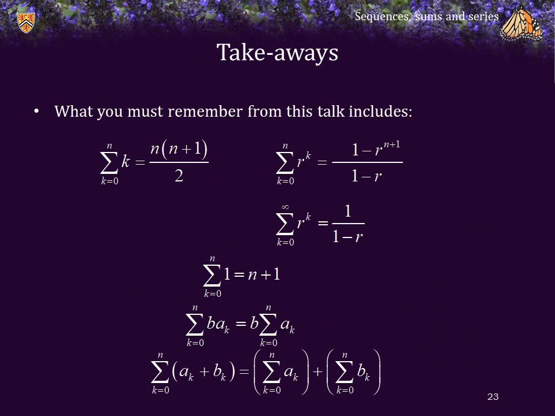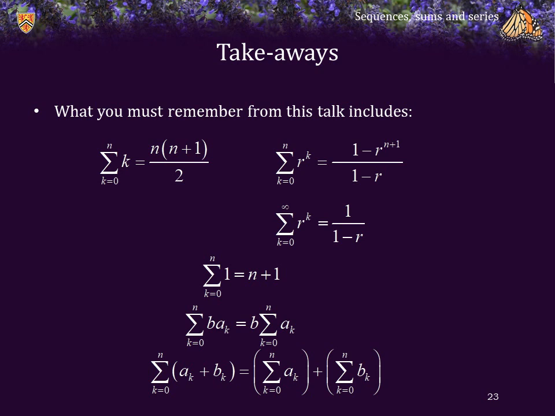So what you have to remember from this talk are the following concepts. The sum of k going from 0 to n is just n times n plus 1 all over 2. The sum of r to the k going from 0 to n is just the ratio you learned from secondary school, 1 minus r to the n plus 1 over 1 minus r. And if the absolute value of r is less than 1, then the infinite geometric series equals 1 over 1 minus r.